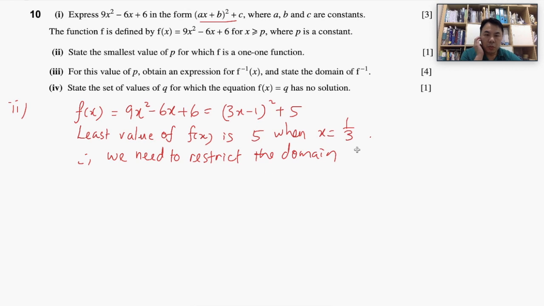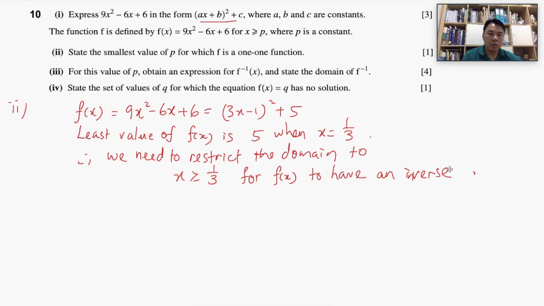We need to restrict the domain to this one, to x is greater than p. I accidentally copied that. x is greater than 1/3 for f(x) to have an inverse.